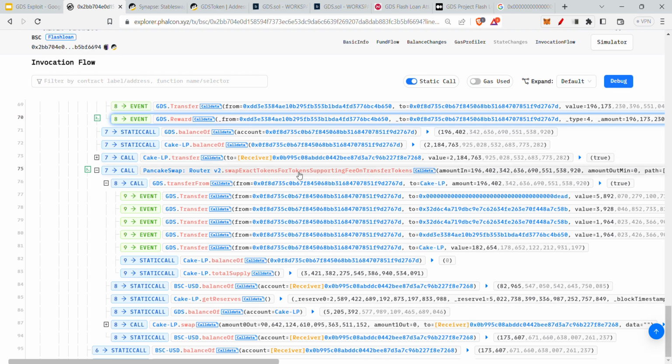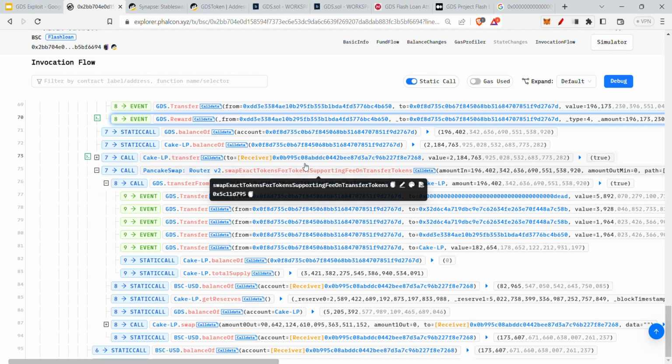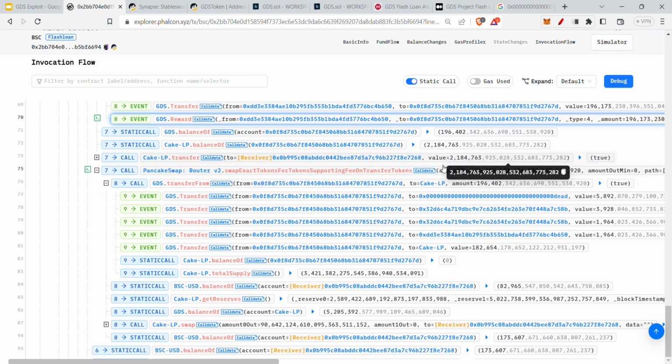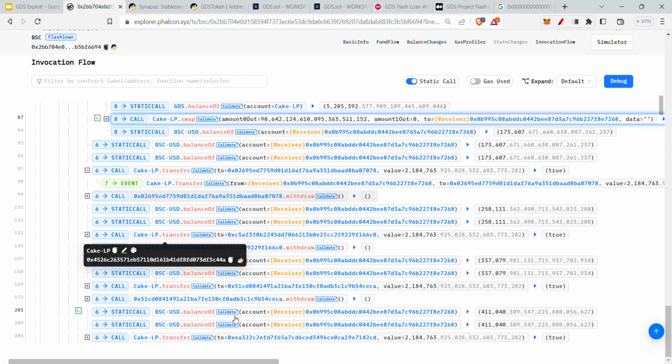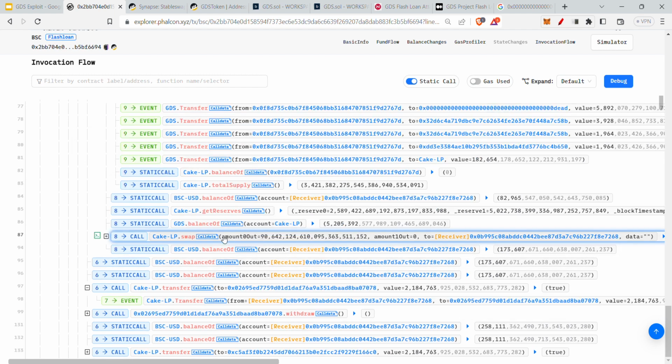What the attacker wants to do is use these GDS tokens that he got as a reward and swap them to BSC USD. So the swap happens over here. And amount out is 90,642.